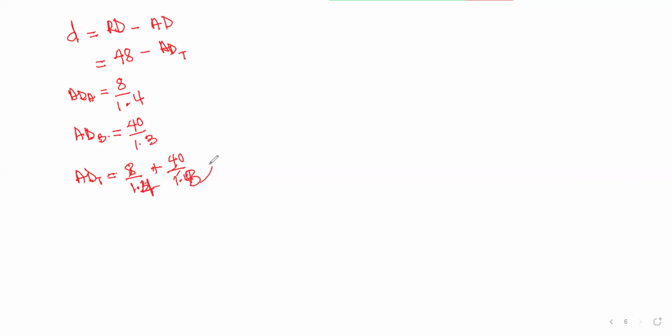So let's total them. What will be the total apparent depth?